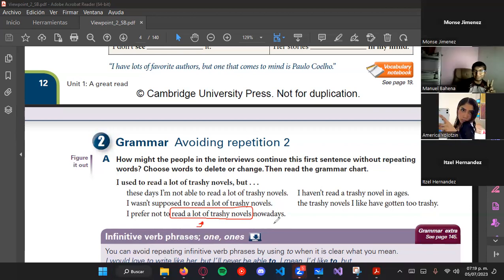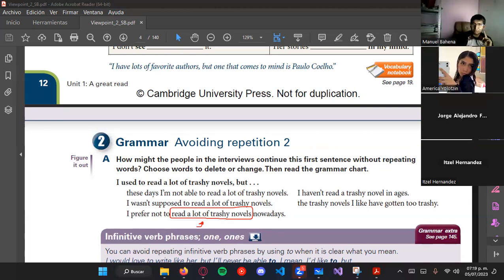We also have 2 options. También igual aquí tenemos 2 opciones. Okay, nowadays I prefer to not read them or read one.